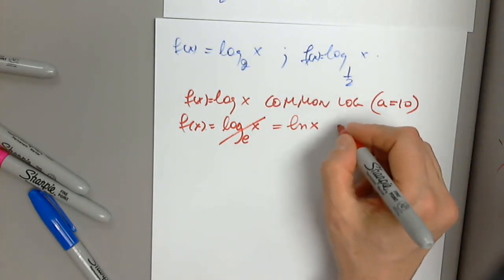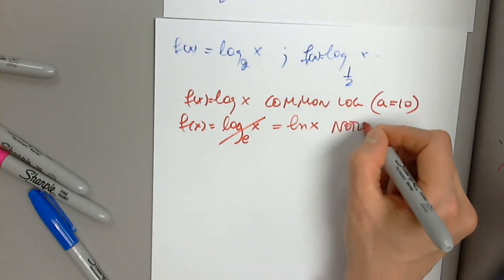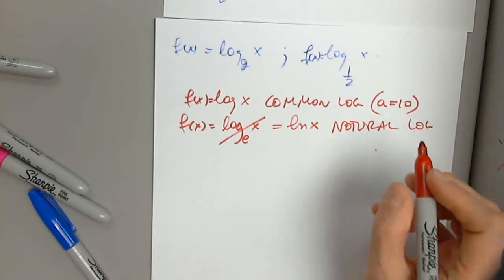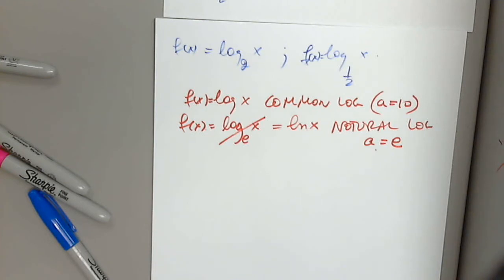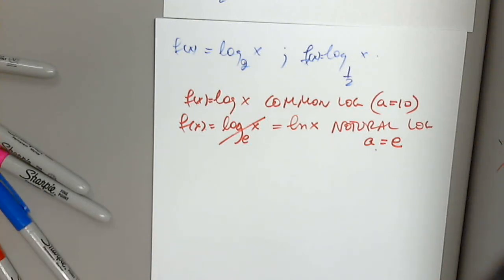And this is natural log, where base is e. So if you see ln, the base is not 10, but the base is e. Natural exponential function. Natural log function, inverse of the exponential.